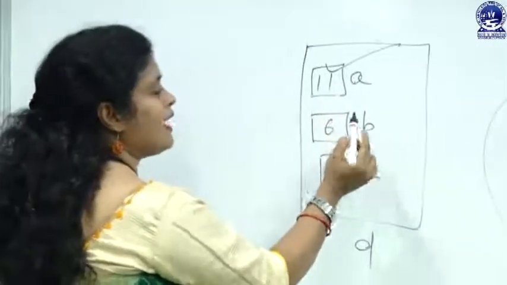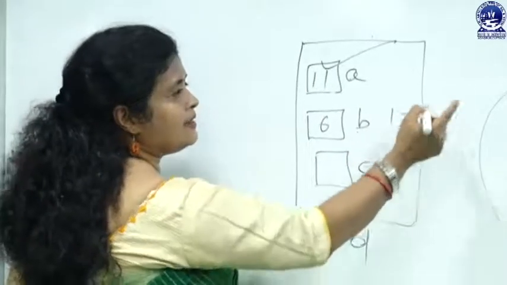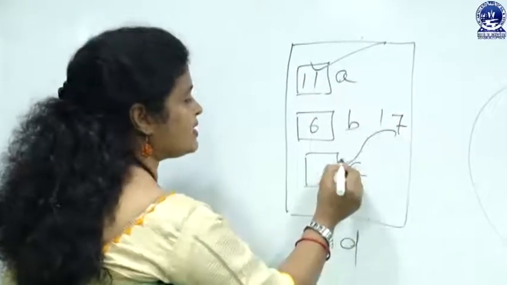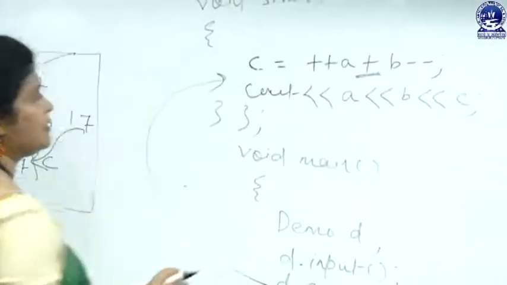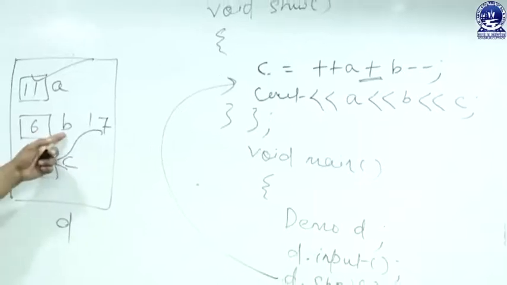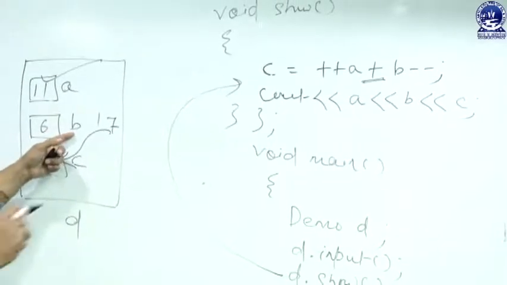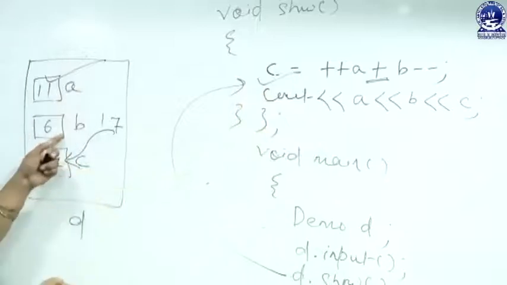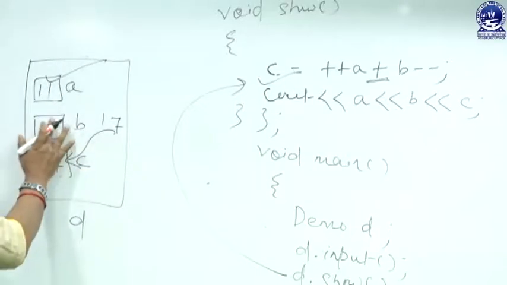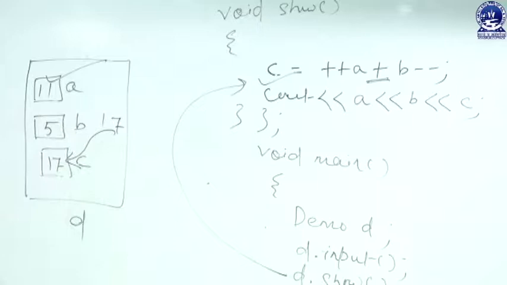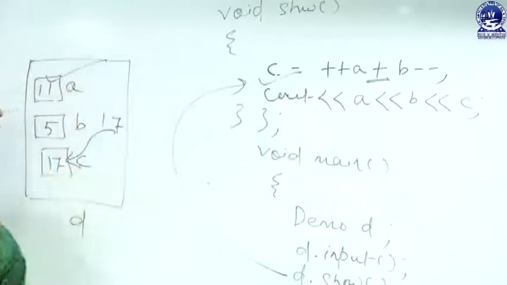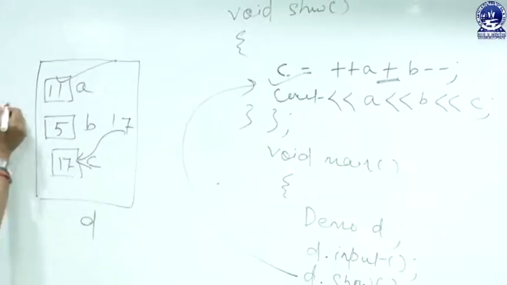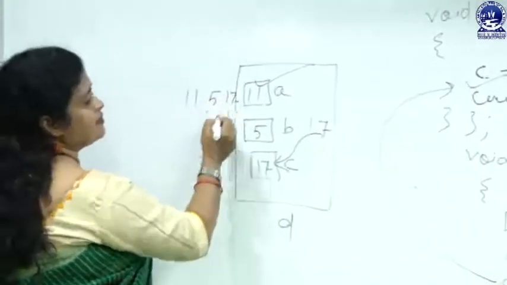It means that here we will add a plus b, and that is 17, and then 17 will be stored in c. I have made a mistake here: at the end of this statement, the b value will be decremented to 5, because that is postfix. And when you display the values by using cout, you will get 11, then 5, then 17.